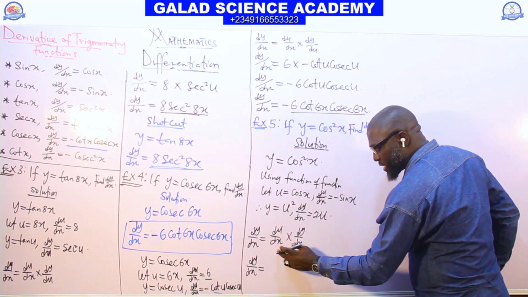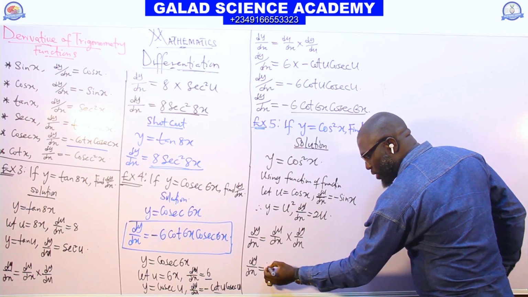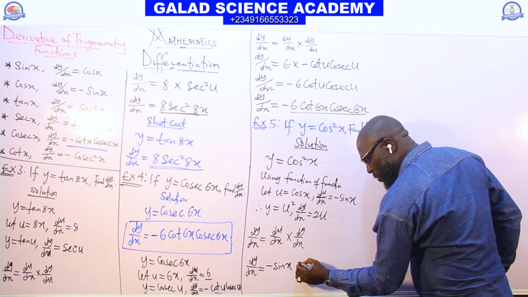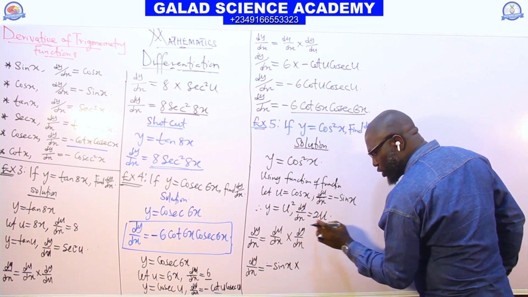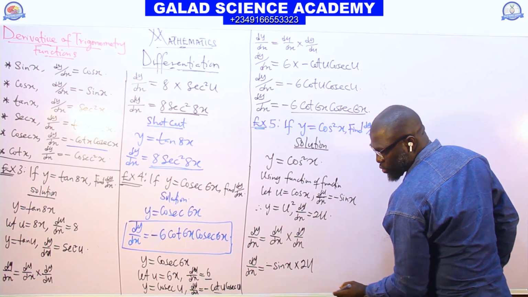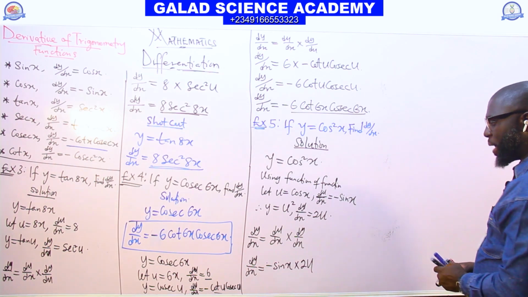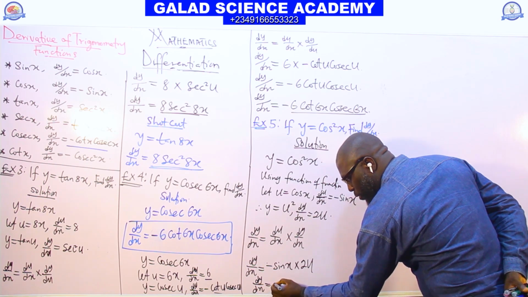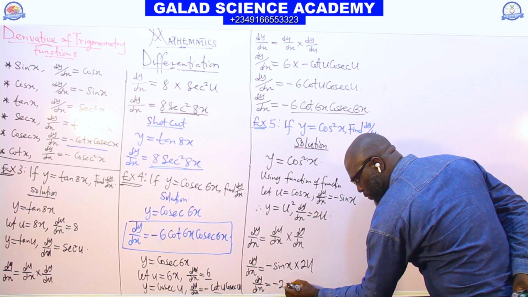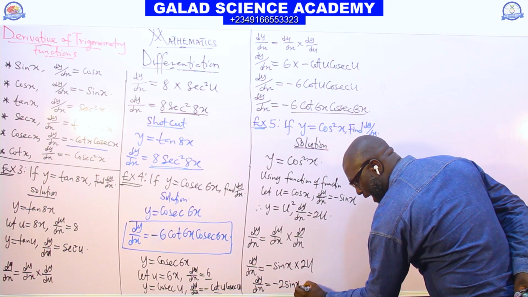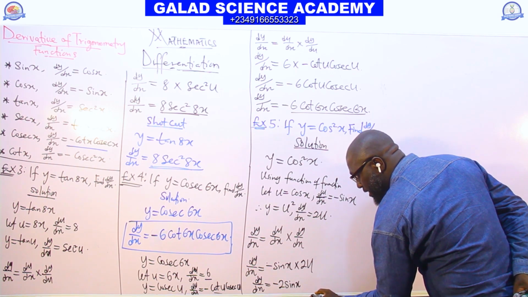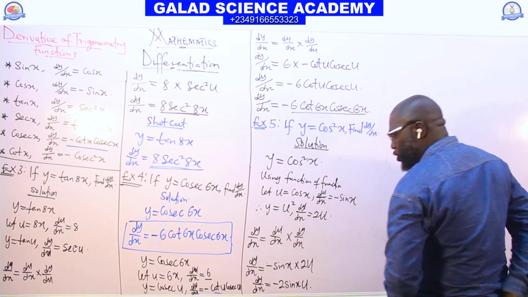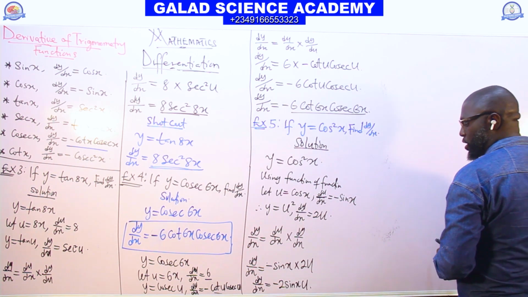What is du/dx? du/dx is minus sine x, multiplied by dy/du, which is 2u. So by solving it further, we have dy/dx equals minus 2 sine x times u. What is my value for u?